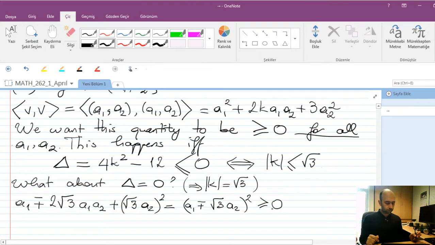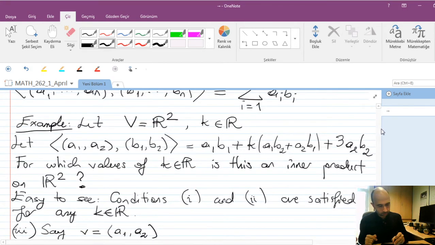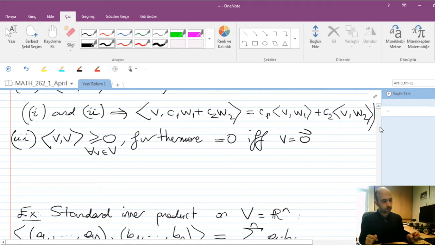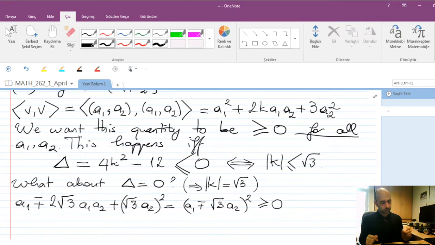No problem about that. But if you remember this last piece of the definition, let me go back to the definition of inner product, this furthermore part. You want equality to 0 if and only if the vector is 0. But this is not what's going to happen here.